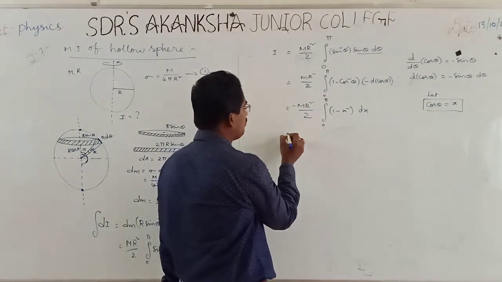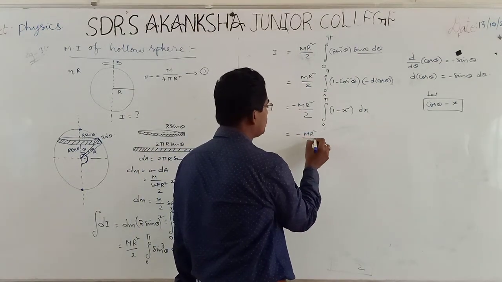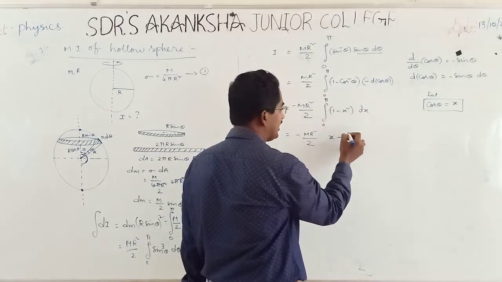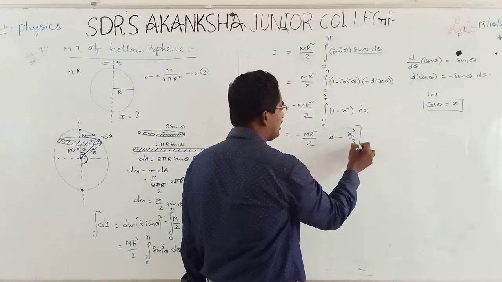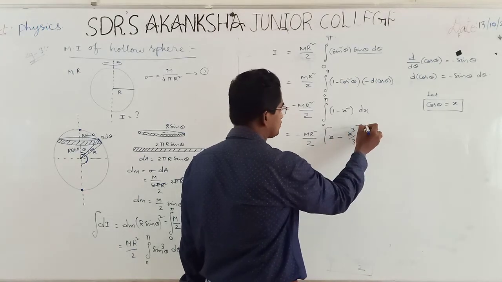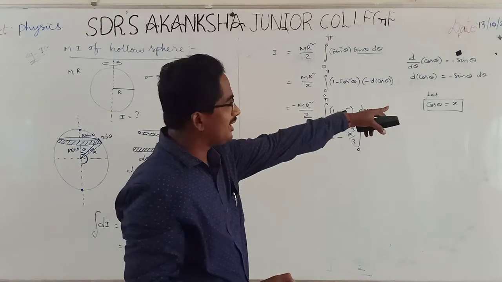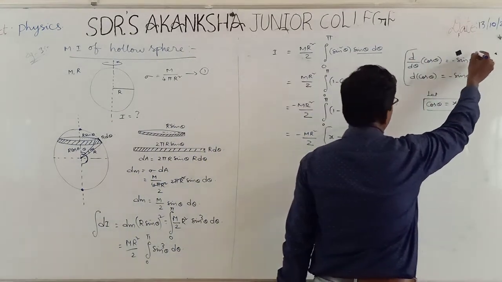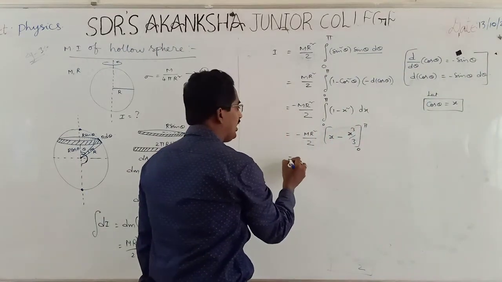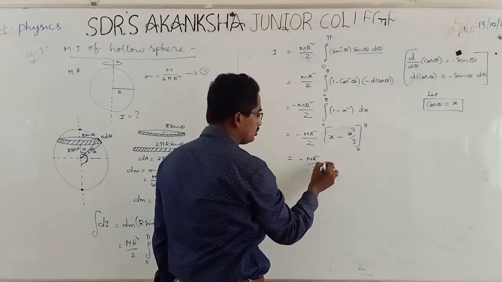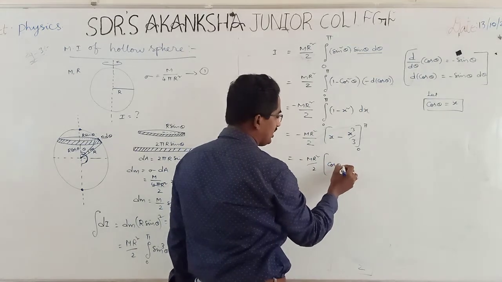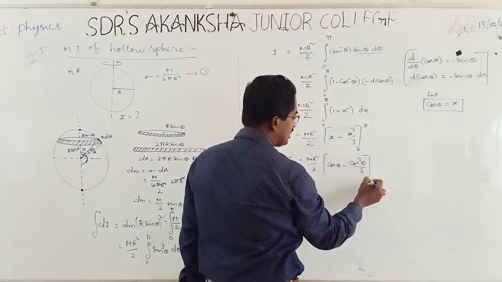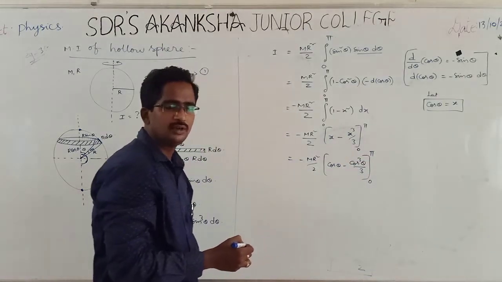Now integrating, we get minus M r square by 2 into the integral of 1 dx, which is x, minus the integral of x square dx, which is x cube by 3. But x means cos theta, so we put cos theta here: minus M r square by 2 into cos theta minus cos cube theta by 3, with limits of 0 to pi.